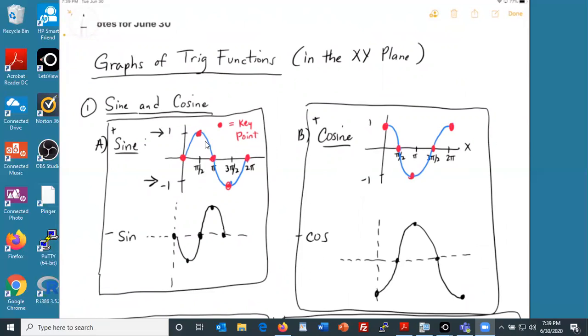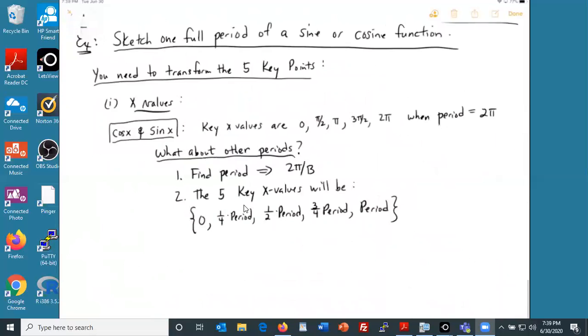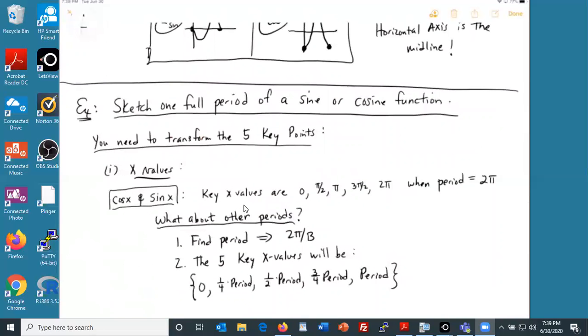All right, they go up by a certain angle measurement, but these are quarters of a circle. All right, so remember, pi over 2 is 90 degrees. That's 1/4 of a circle. Pi is 180 degrees. That's half of a circle, or half of 2 pi, half the period. 3 pi over 2 is 270 degrees. That's 3/4 of a circle. And 2 pi is the entire circle. All right, so those fractions there of 1/4 and 1/2 and 3/4 represent the fraction of the period or the fraction of the whole circle.